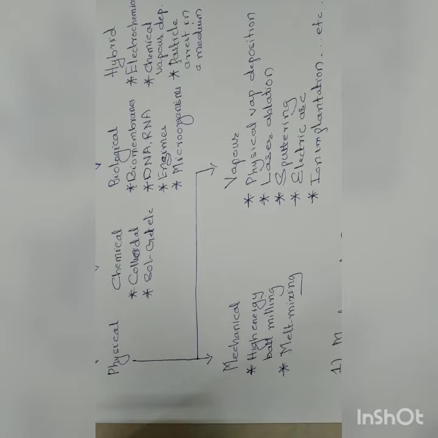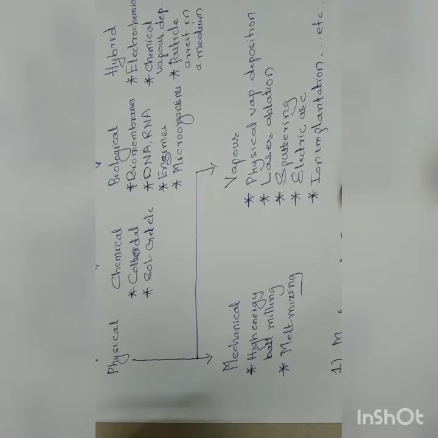Then you try to provide sufficient energy and conditions so that the material's vapor can be converted into nanomaterials. A couple of them are quoted here. One is physical vapor deposition. Second, laser ablation. Then you can have a sputtering technique, electric arc methods, ion implantation, and many more you can have.